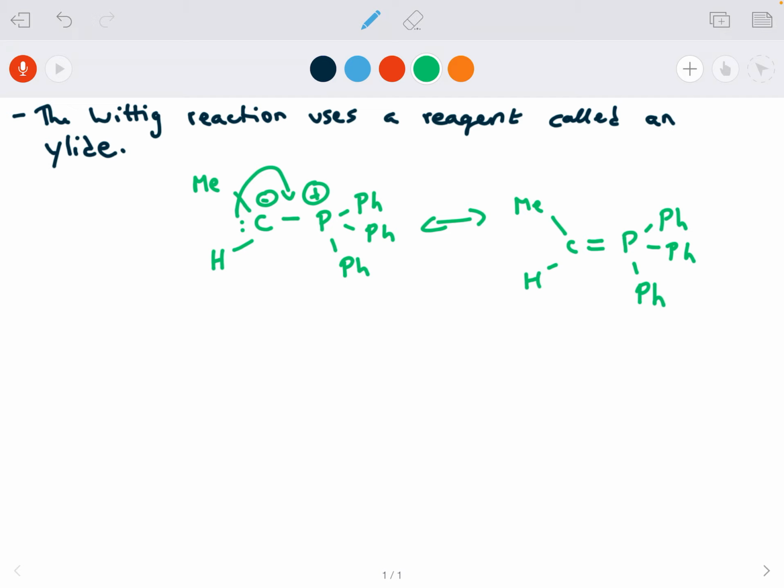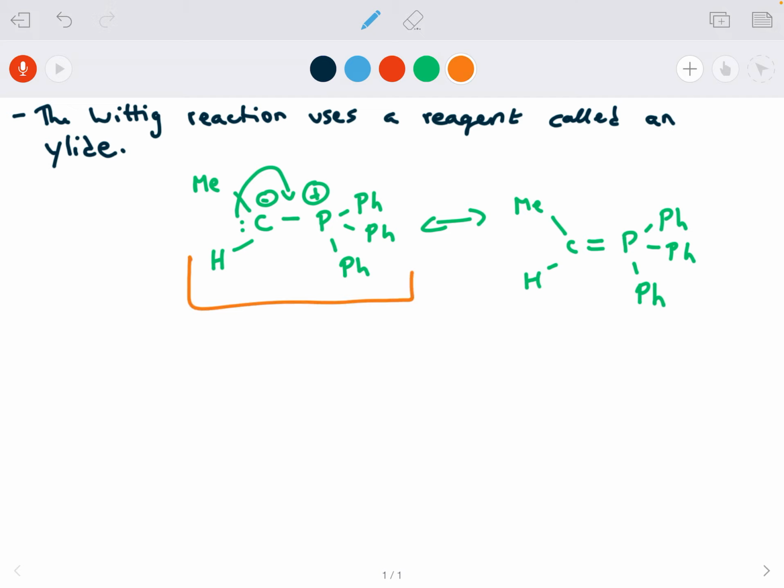So that's okay. The reason that the structure over here is actually more favored, which is different than usual resonance structures, because generally you don't want to have formal charges if possible.